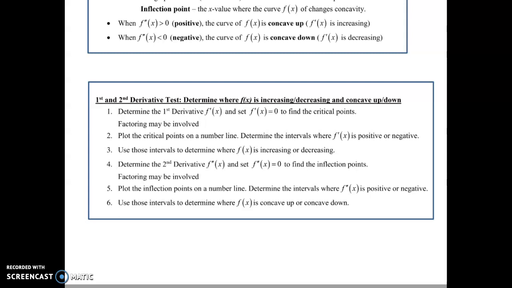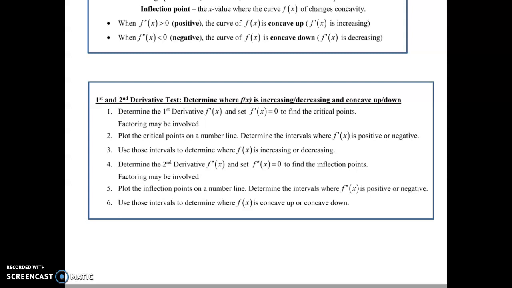Then we solve that equation to find those critical x values, which could be where we have a local max or min. On either side of those points, the function is increasing or decreasing. We put those points on a number line and find the intervals where f prime of x is positive or negative, and use those in step 3 to determine where it's increasing or decreasing.